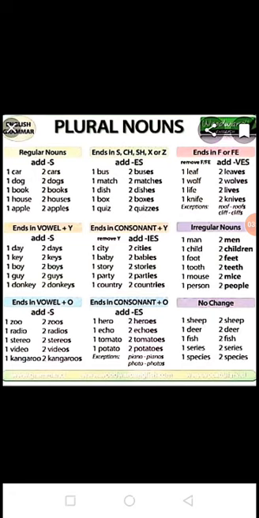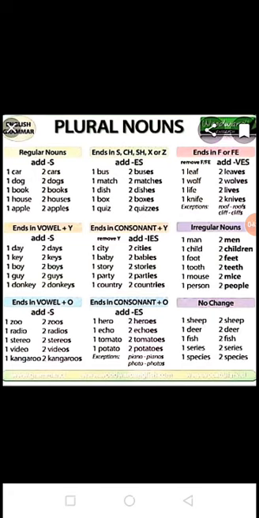And then the next rule, ends in consonant plus y. See, again y is there, but before y, if the word ends in a consonant, for example, city: y is there, but before y there is t. T is a consonant. We should remove y and add ies to make it plural.